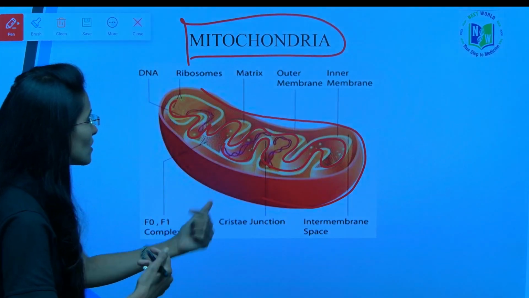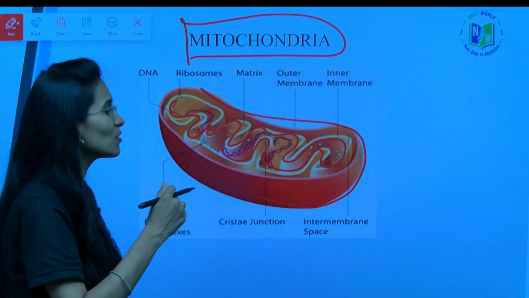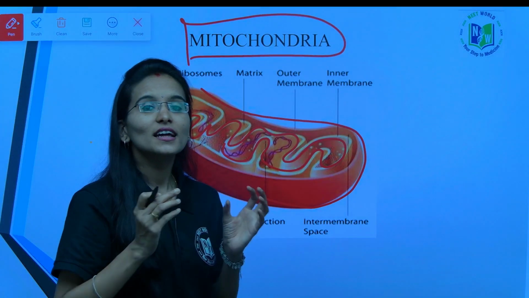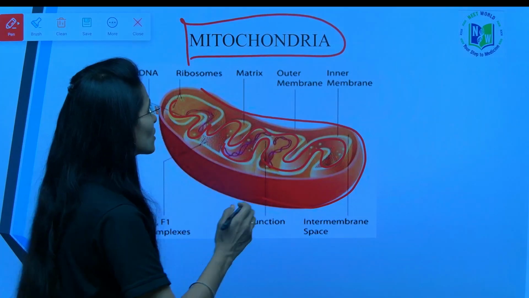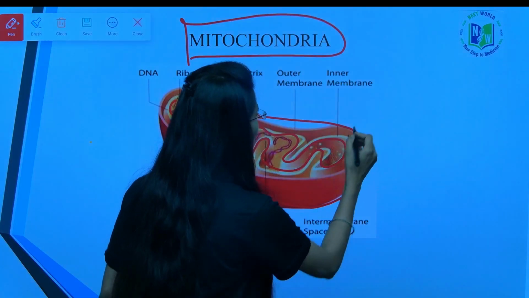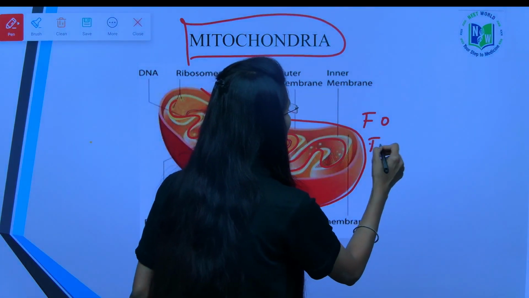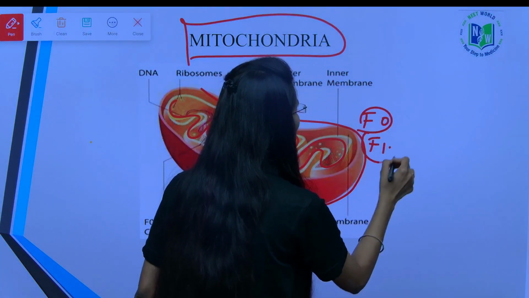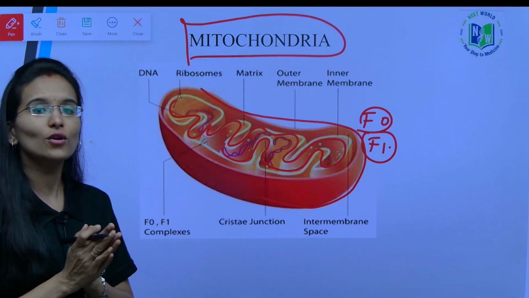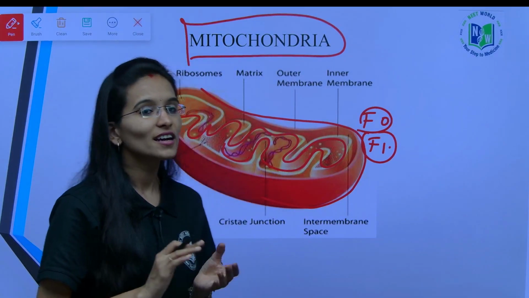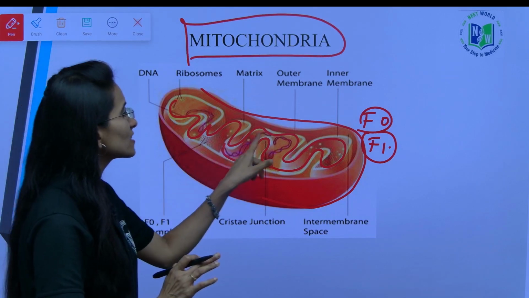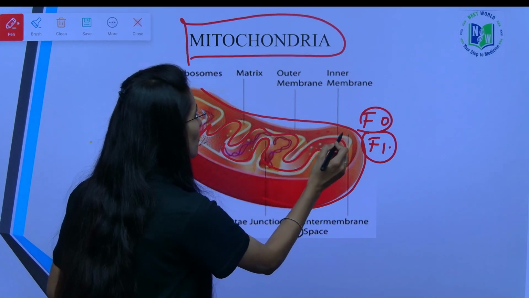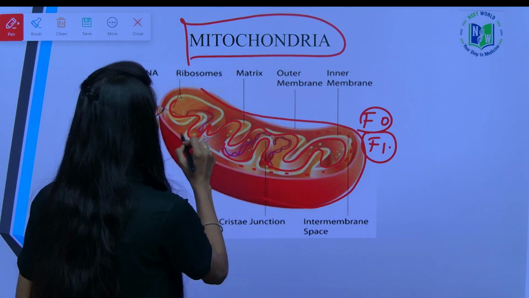Yes, and on the inner membrane, the cristae, is going to have the elementary particles like F0 and F1. These are the elementary particles which are involved in generating energy in the form of ATP, and this is the complete matrix of the mitochondria, the complete fluid.